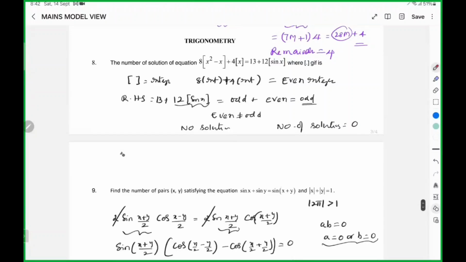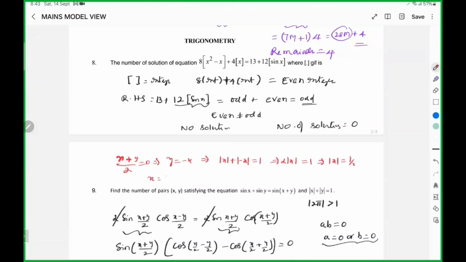So when (x plus y) by 2 is 0, that is y is minus x. Mod x plus mod minus x is 1. 2 mod x is 1. Mod x is half.